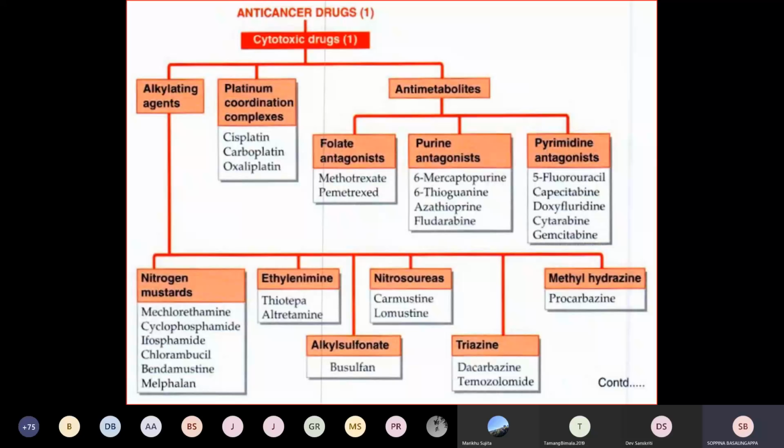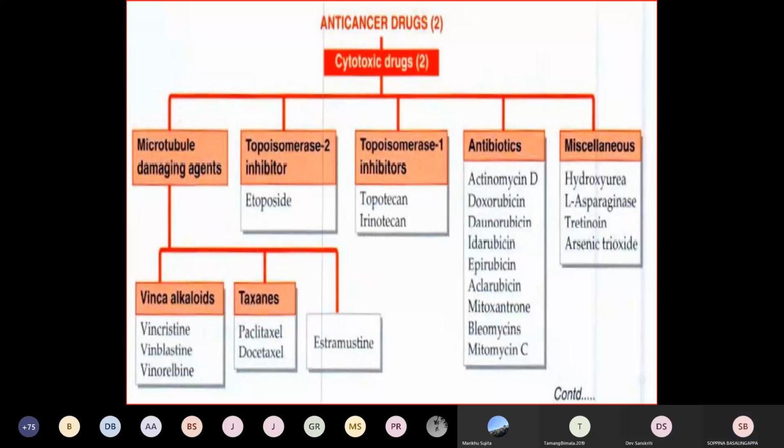Antimetabolites: folate antagonist, purine antagonist, and pyrimidine antagonist. Folate antagonist, methotrexate. Purine antagonist, 6-mercaptopurine. Pyrimidine antagonist, 5-fluorouracil. So the only way to remember these drugs is to get them by heart. Then again, cytotoxic drugs, microtubule damaging agents: vinca alkaloids, vincristine, vinblastine, taxanes.